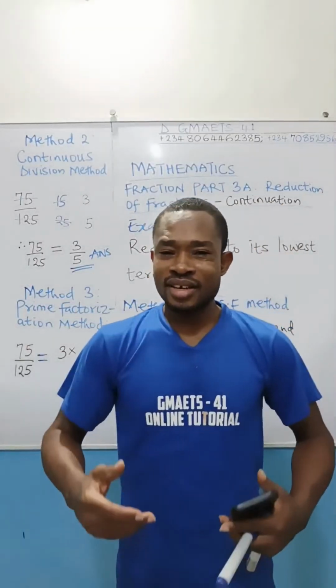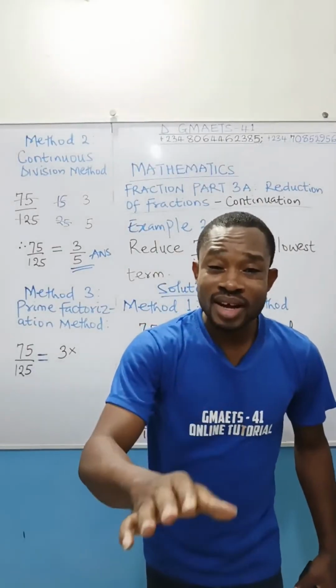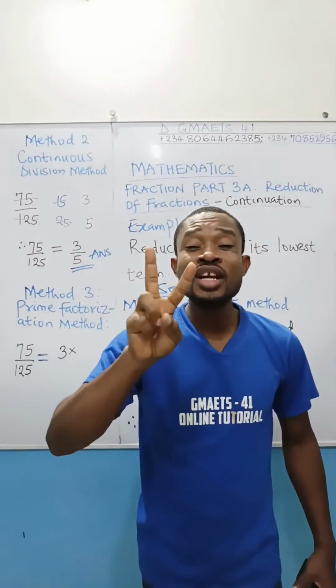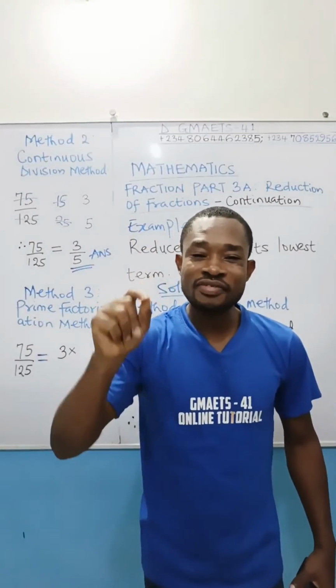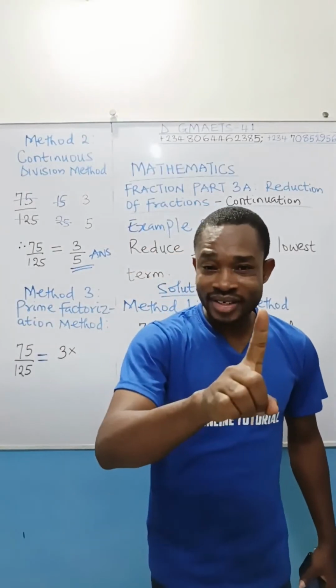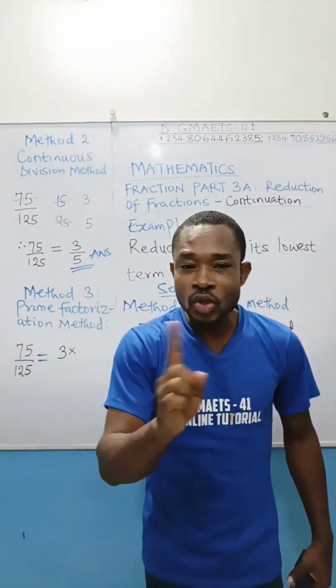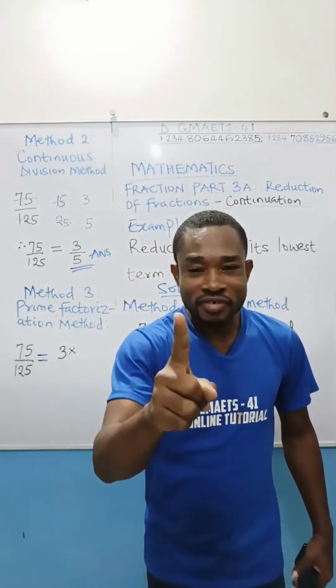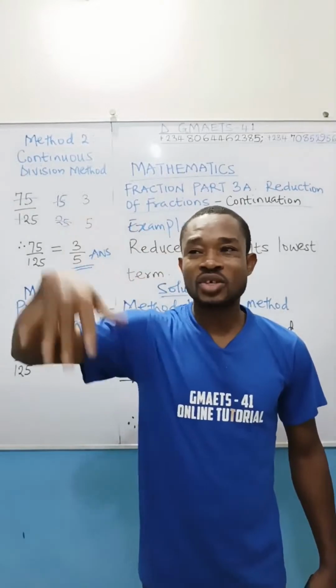So here somebody can now ask, okay, what are prime numbers? Prime numbers are numbers that have only 2 factors. Numbers that can be divided only by 1 and itself. A prime number does not have 1 factor. A prime number does not have 3 factors, 4 factors, 5 and above.